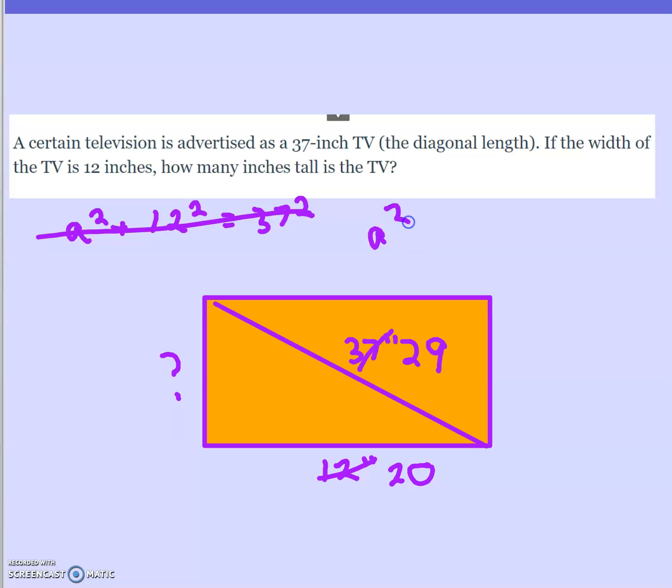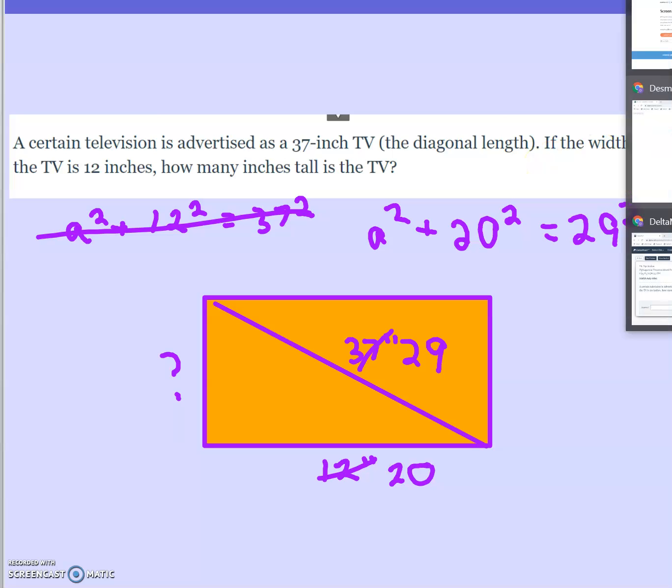A squared plus 20 squared equals 29 squared. When it's all said and done, I'll be taking 29 squared and subtracting 20 squared, and then square rooting that. So I'm going to memorize those numbers 29 and 20, and then I want to be subtracting.